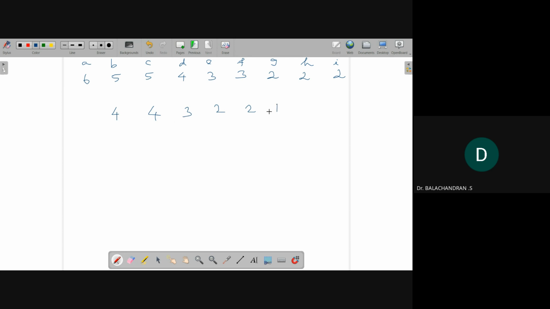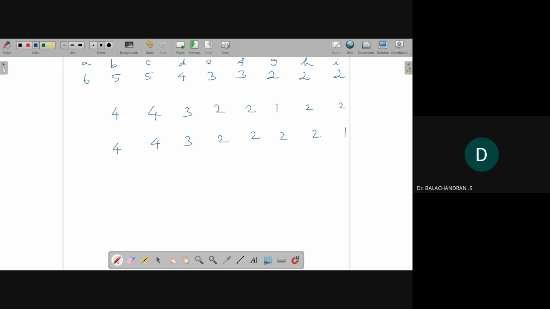The remaining two 2s I write as they are. Now write in ascending order, meaning first 4, 4, 3, 2, 2, then the two 2s, and finally 1.